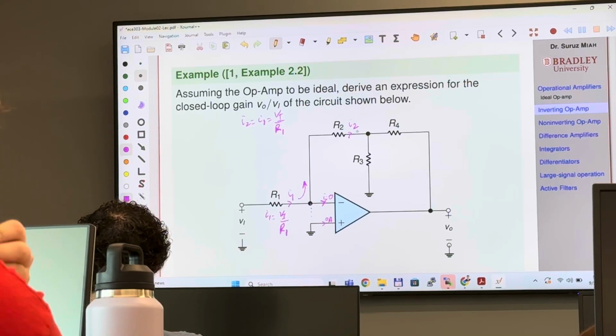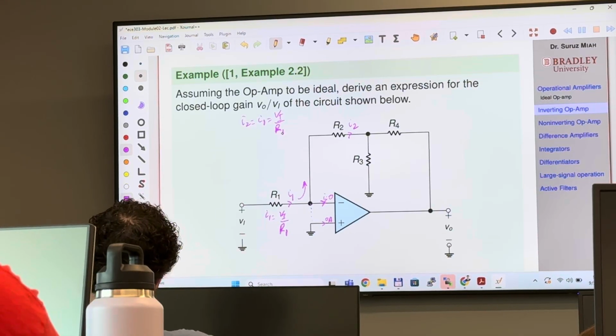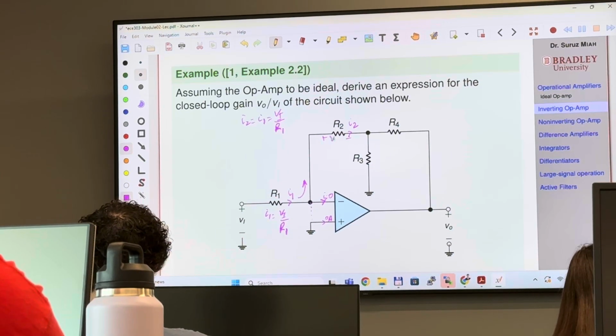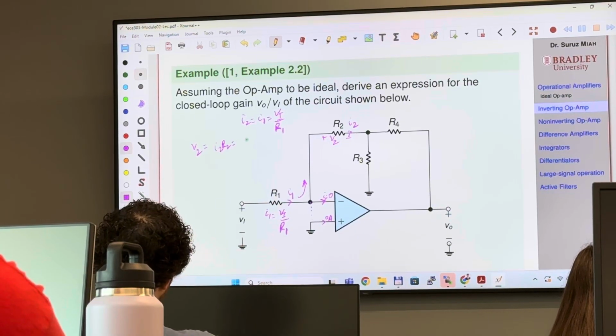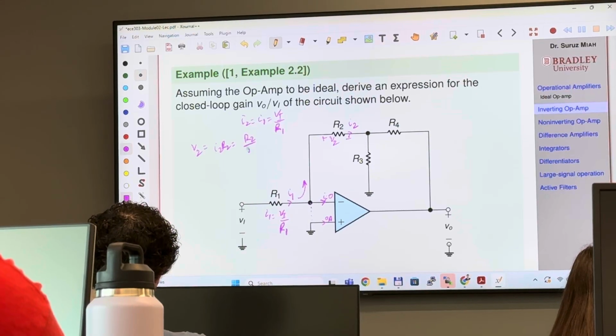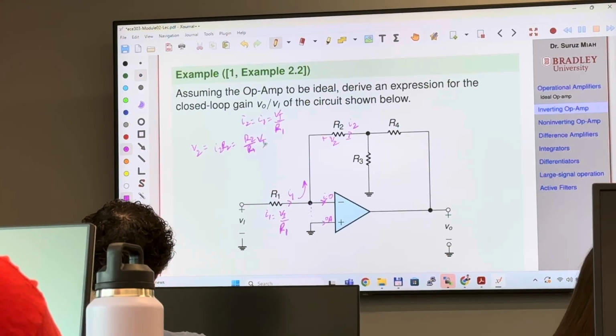It is I2 times R2, and I2 equals Vi over R1, so it is going to be Vi R2 over R1. Right? So the voltage V2 is going to be I2 R2, which is R2 over R1 times Vi. You understand?